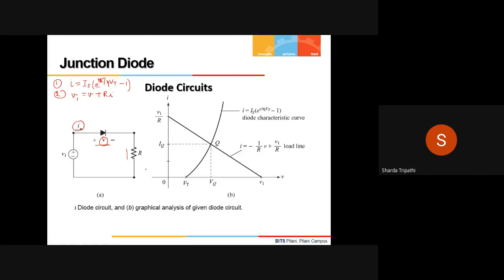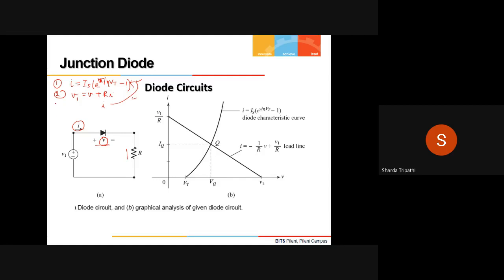So by usual techniques, there are two equations and there are two variables. So what we can do is write the expression for I from equation 2 and then substitute this back into equation 1 and then solve for whatever variable is remaining. This is what we usually do.